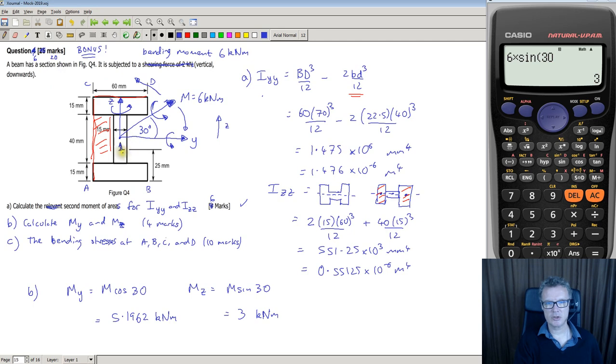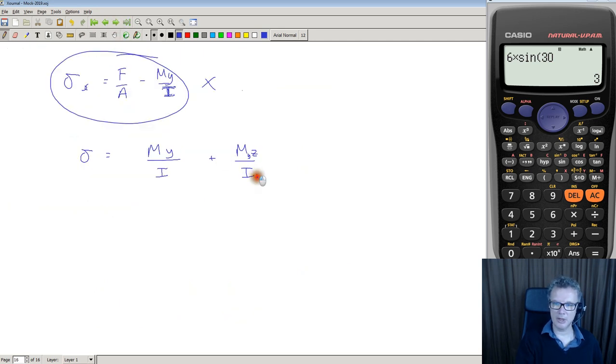And the same thing is true for IYY. So IYY is along this axis here. So you use a Y here. So you've got your MY, your IY, going along the same axis, and this is going orthogonal to this axis. So here you have your MZ and your IZ, and that will be the stress going along in the x-axis.